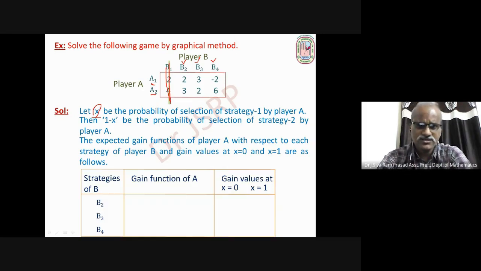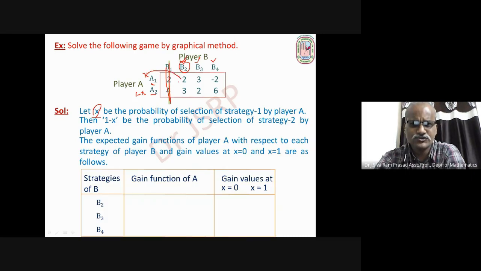Okay. So corresponding to the second strategy of player B, what is the expected gain function of player A? The probability of selection of the first strategy by player A is X and that of the second strategy is 1 minus X. So the expected gain function corresponding to the second strategy of player B is just the payoffs multiplied by the probabilities.